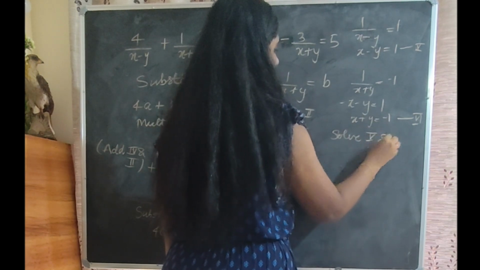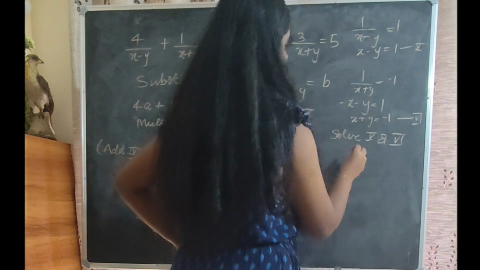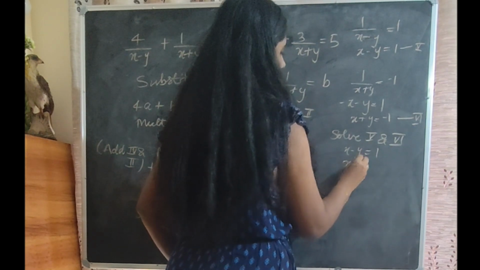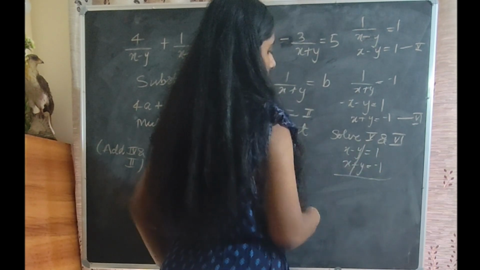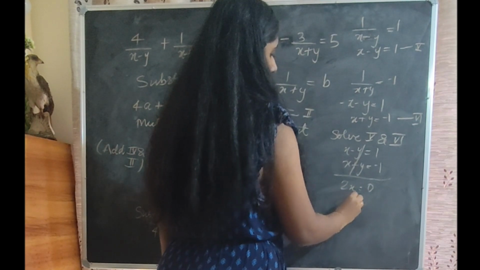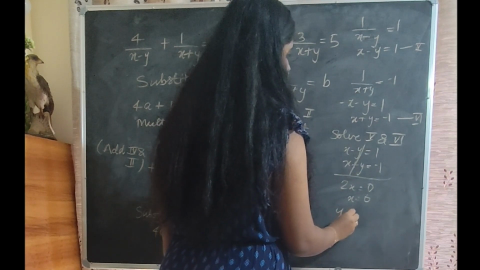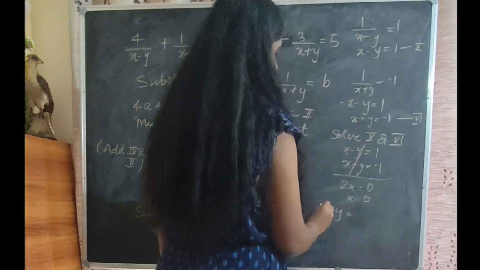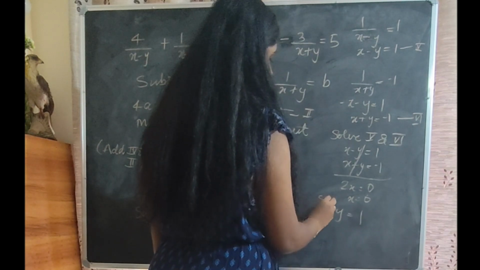Now solving 5 and 6, we get x minus y is equal to 1, x plus y is equal to minus 1. You are adding, plus y minus y cancel. 2x is 0. So x is 0 and y will be, substitute in this, 0 minus y is equal to 1.